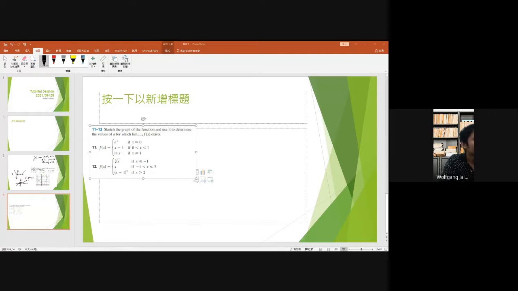So for example, here, this is X, this is Y. I want to draw number 12. So how to draw it? Any idea?